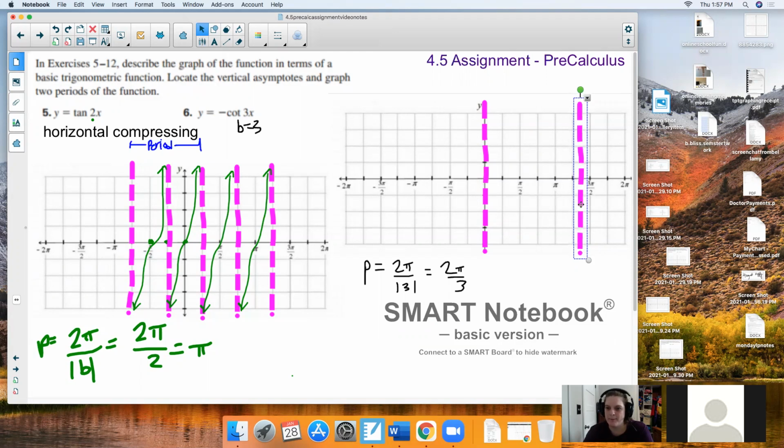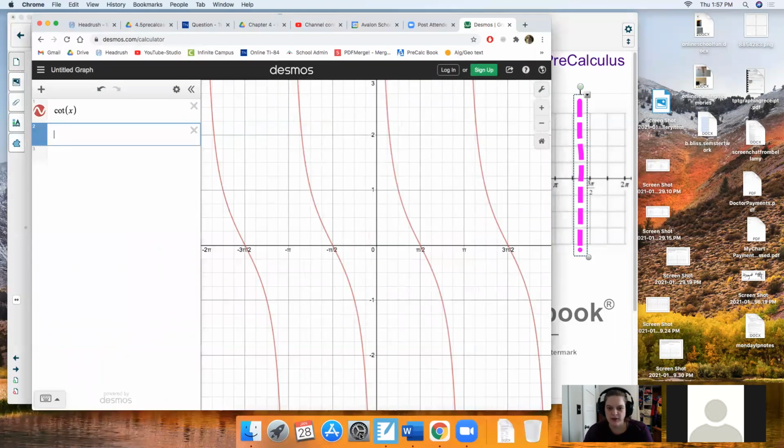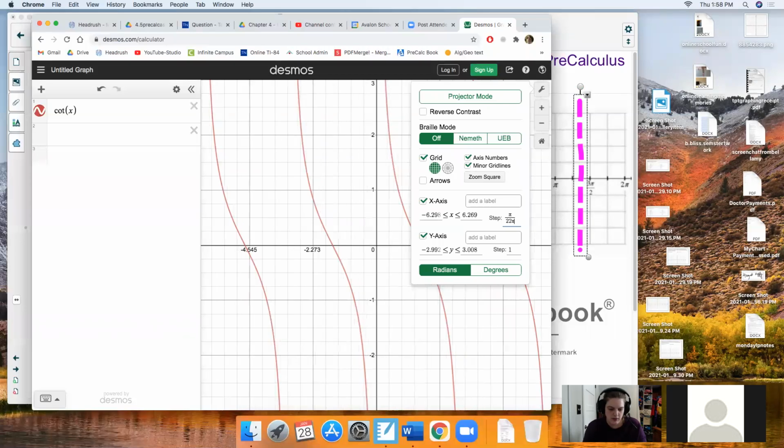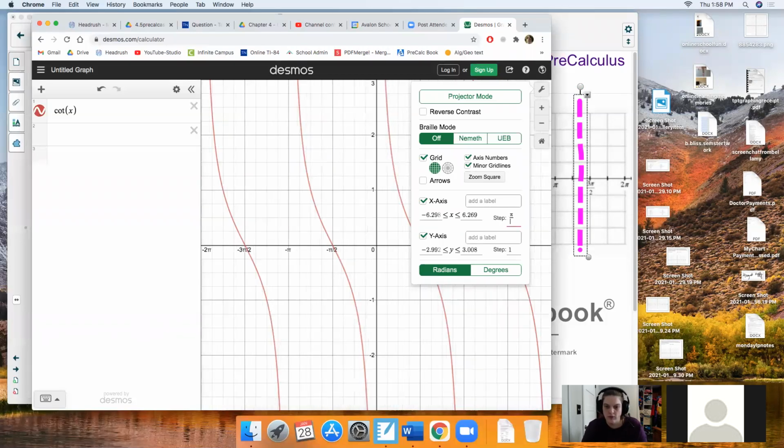Yeah. Okay. So then if that's our period, normally the graph would be going through here at pi over 2, but we've, let me see where 3 pi over 2 is. Oh.